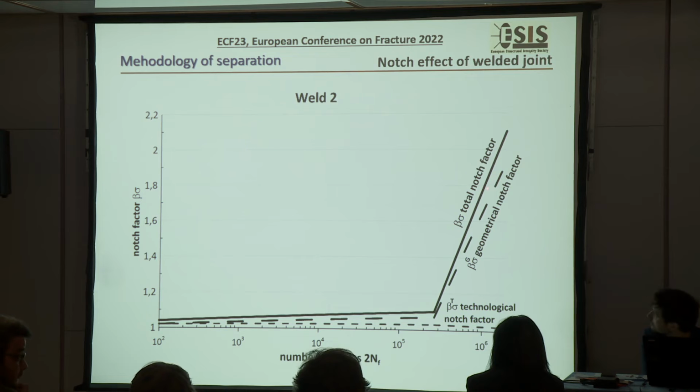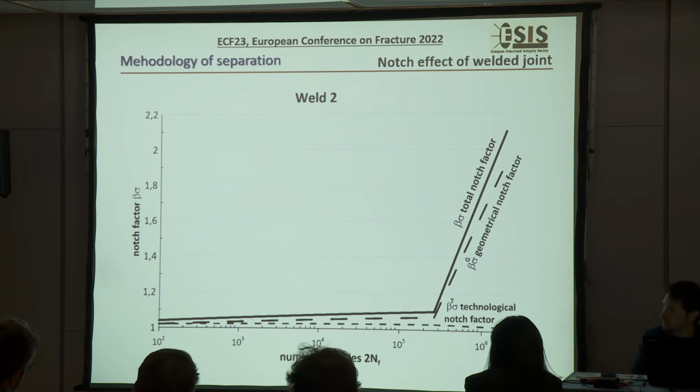This dashed line is the notch factor from geometrical effects, and this line seems to be the technological notch factor. This is the best weld, which has a very nice microstructure. That technological factor came to go near to one.